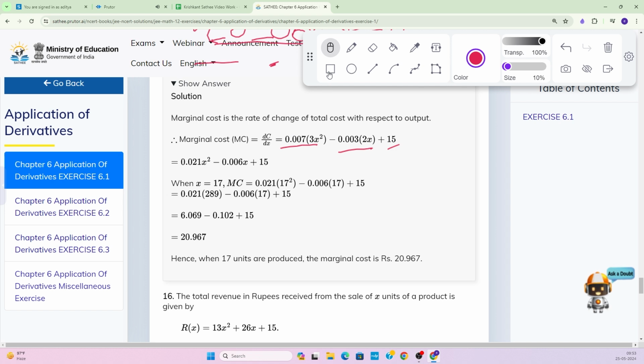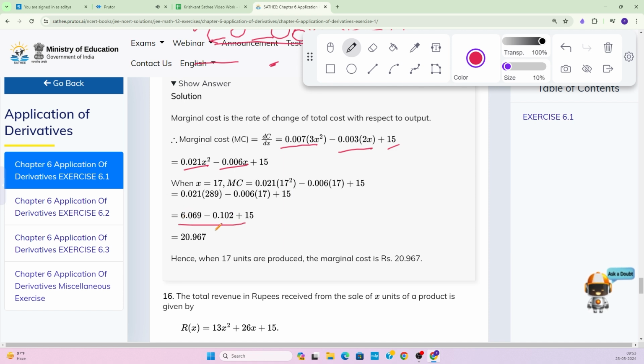This means first of all, simplify this. You will get 3 times 7 means 0.021x square minus 0.006x plus 15. Now putting x equals 17, it will become 0.021 multiplied with 17 square minus 0.006 multiplied with 17 plus 15, which equals 0.021 multiplied with 289 minus 0.006 multiplied with 17 plus 15.